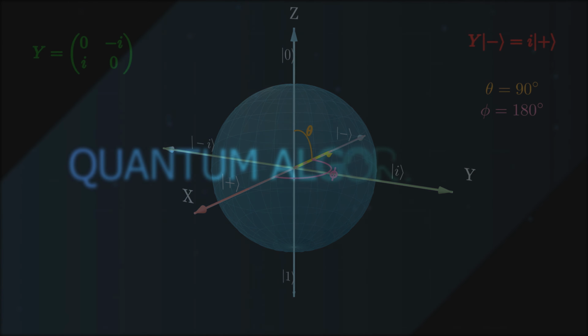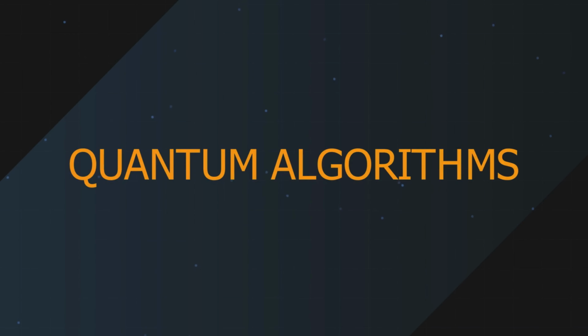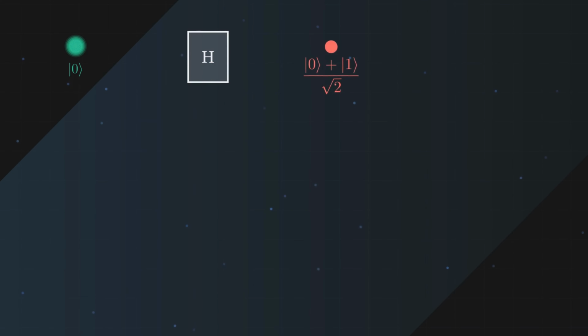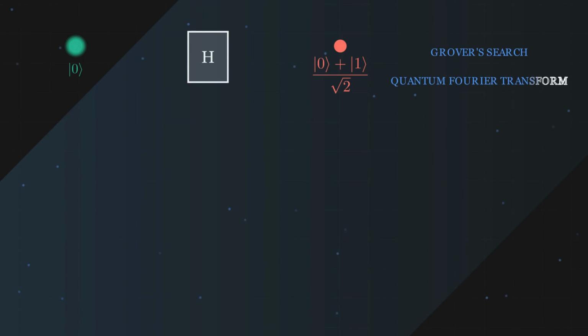Quantum algorithms rely on combinations of all these gates to construct quantum circuits. For example, the Hadamard gate, or H gate, initializes qubits into superposition, often the starting point for unleashing the power of quantum algorithms. This is a key step for algorithms like Grover's search or the quantum Fourier transform, where exploration across many possibilities simultaneously is essential.